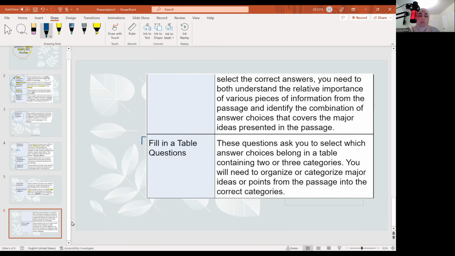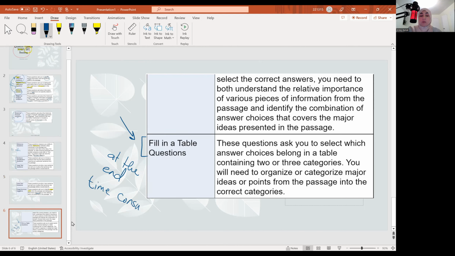And also the last type of questions is fill in a table. Now, whenever you see that kind of question, usually it comes at the end or almost at the end of the reading text. And this has more than one part. It's not multiple choice like the ones before. And what is even more important is that it has more marks, but it is very, very time consuming.